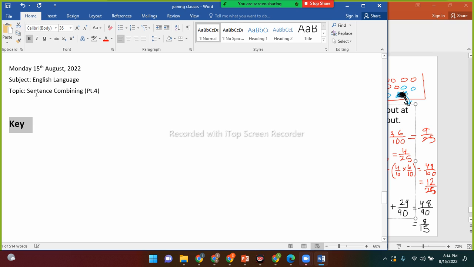So the key concept for this particular discussion is we want to note that we can combine sentences not only with subordinating conjunctions, not only by using a comma and a coordinating conjunction, not only using semicolons, right?